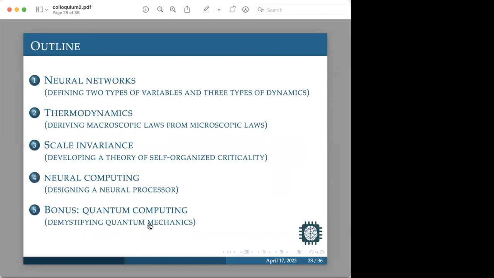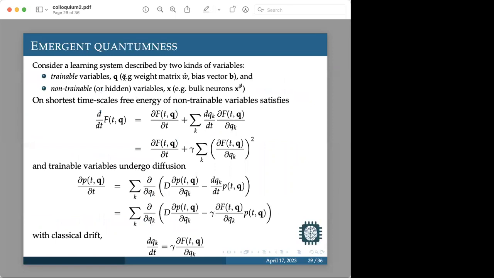Let's go to the bonus. Again, it might turn out that this is an actual quantum computer once we build it. And again, it's a separate talk that I kind of clumped together because it's supposed to be a colloquial level talk, not a technical one. But basically, now you say, all right, so let's think about the dynamics of trainable variables on the smaller time scales.